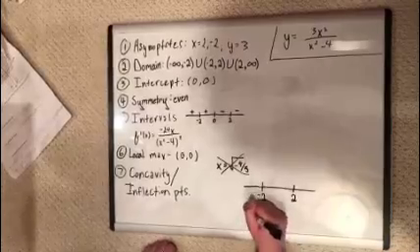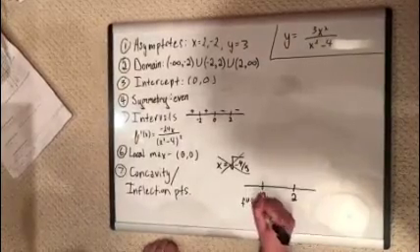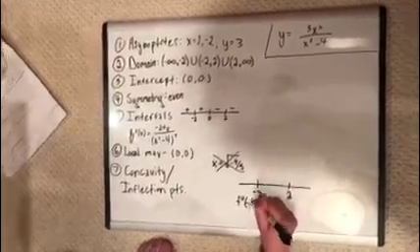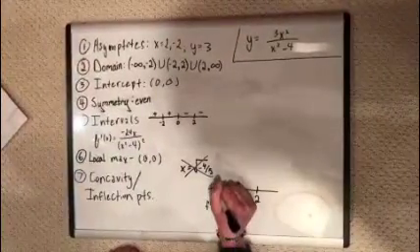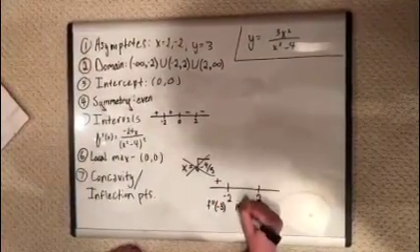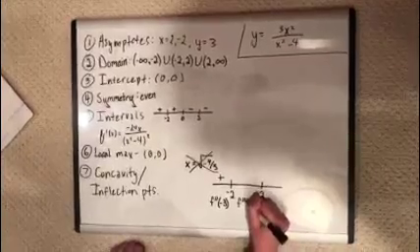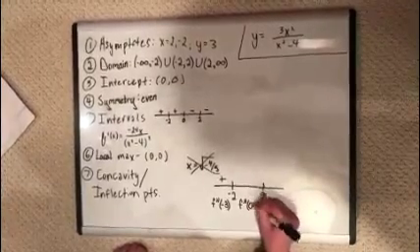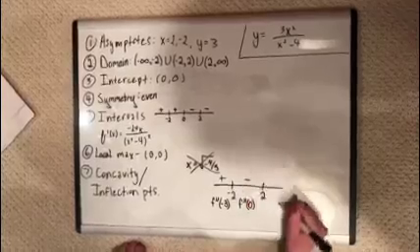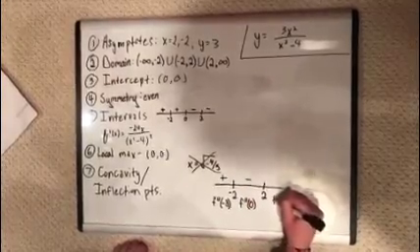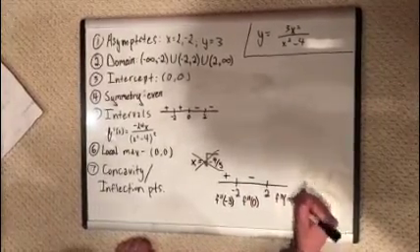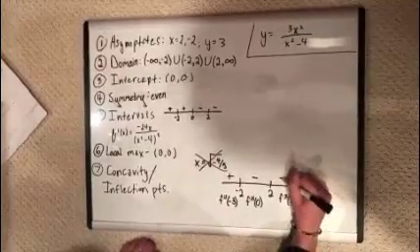And we're going to plug in negative 3 to the second derivative. And there we're going to get a positive. We're going to plug in 0 to the second derivative and get a negative. And finally, we're going to plug in positive 3. And there we're going to get a positive.